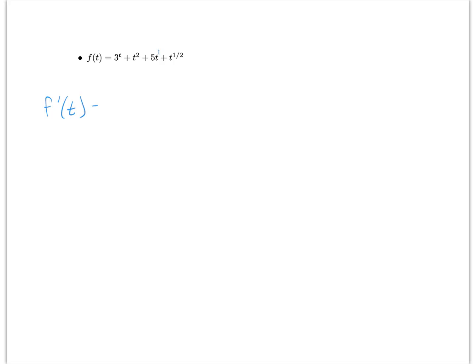So f prime of t, the derivative of 3 to the t is 3 to the t times the ln of 3. The derivative of t squared, remember the power rule says bring down the power, copy the t, reduce the exponent by 1. And then for the derivative of 5t to the first, we bring the 1 down and multiply by the 5. You get 5. Copy the t, reduce the exponent by 1, and we get 0.